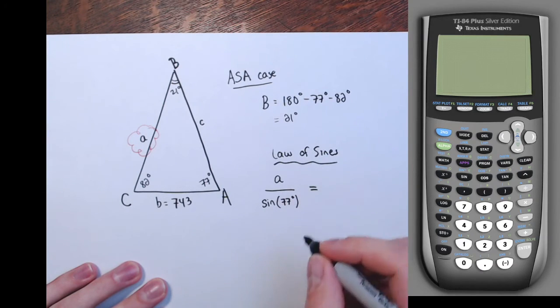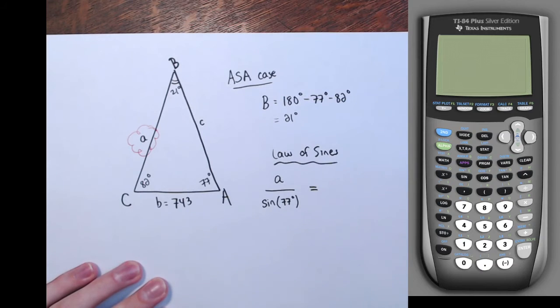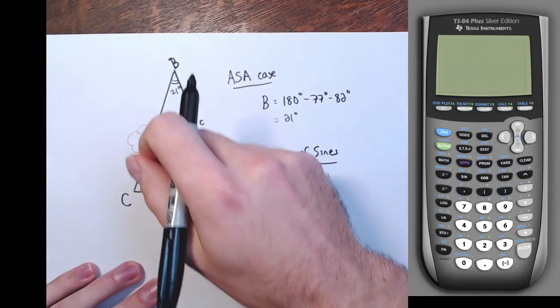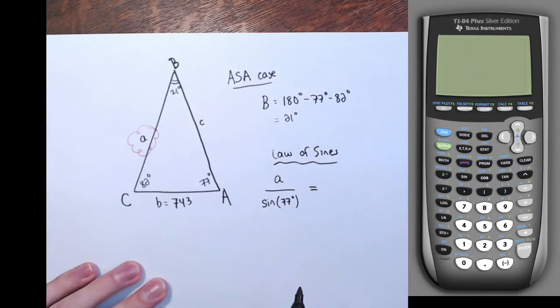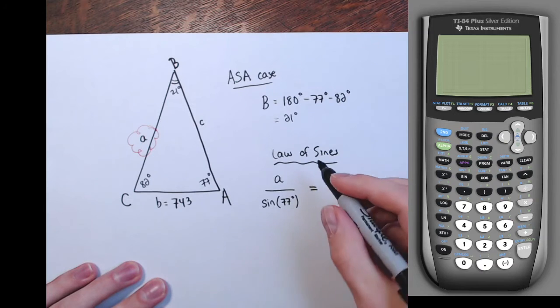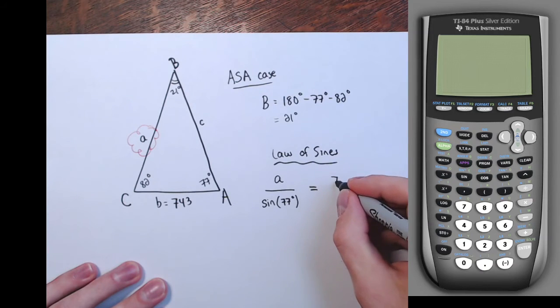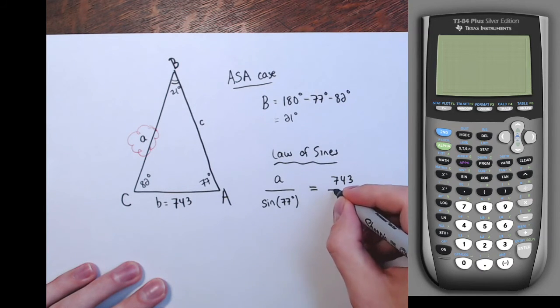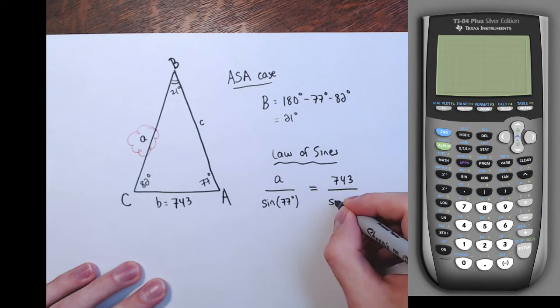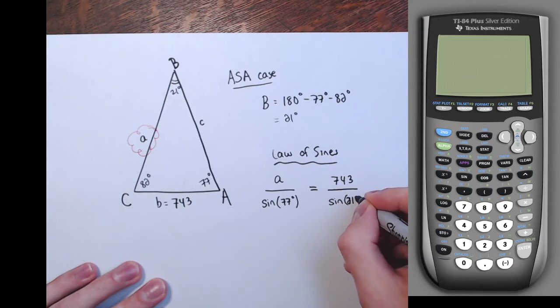That ratio should be equal to the same ratio for any other side and angle, as long as they're opposite each other. And I'll use the B information, since I know both pieces. So in the numerator, the length of side B, 743 meters, divided by the sine of angle B, which we found was 21 degrees.